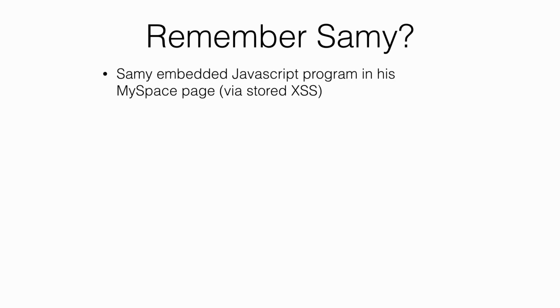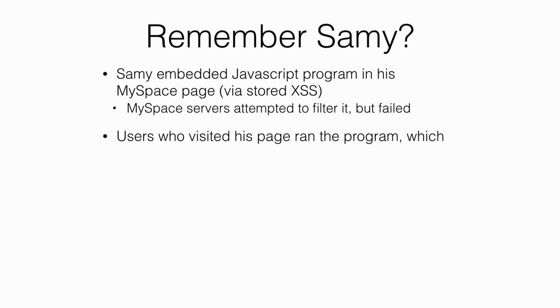Let's look at an example of a cross-site scripting attack, the Sammy MySpace worm. MySpace was a social networking site prior to the rise of Facebook that was very popular, and it allowed people to create custom web pages. Sammy embedded a JavaScript program in his MySpace page. MySpace attempted to filter these scripts, but in this case it failed.